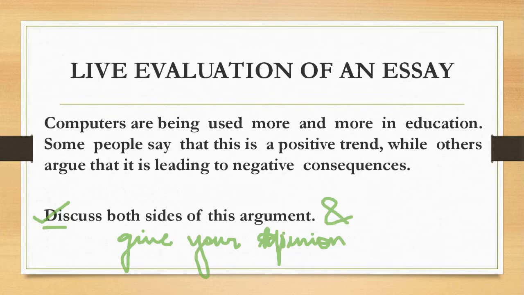So step 1 is to read the question 5 times. You have to read the question 5 times, and why? So that we do not deviate from the topic and we ensure that we score good in the first parameter, which is task response.